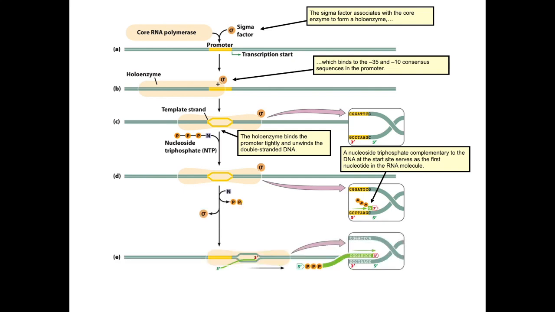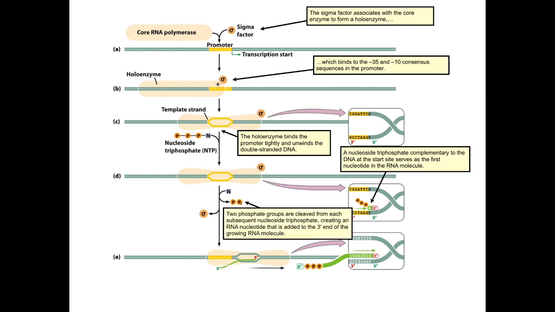Transcription proceeds, and 2 phosphate groups are cleaved from each subsequent nucleoside triphosphate, creating an RNA nucleotide that is added to the 3' end of the growing RNA molecule. The sigma factor is then released as the RNA polymerase moves beyond the promoter.